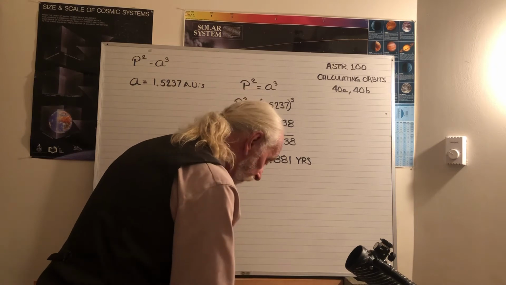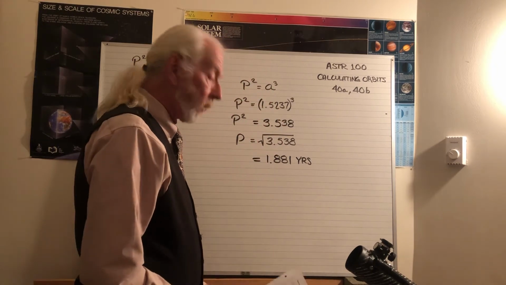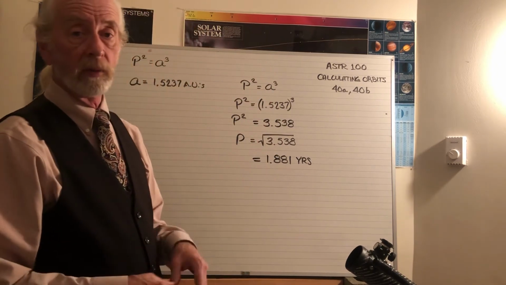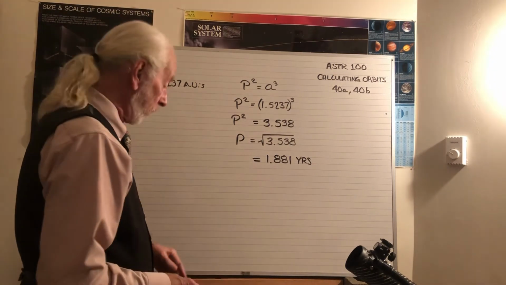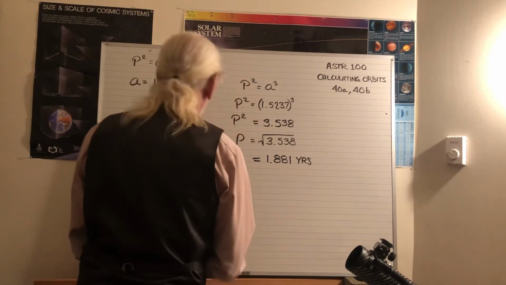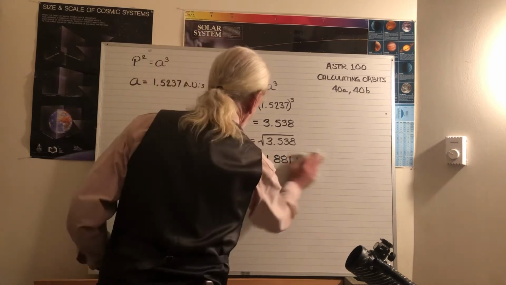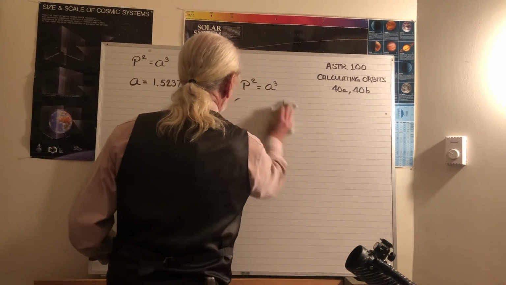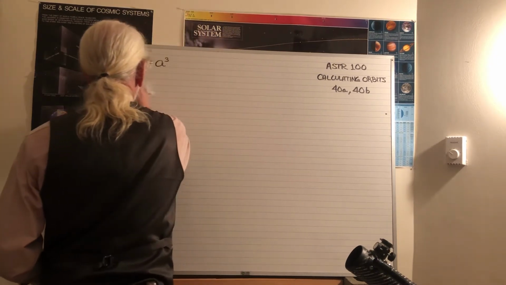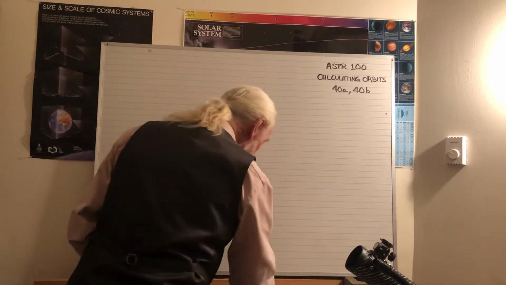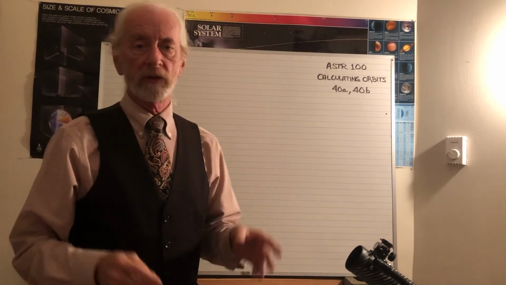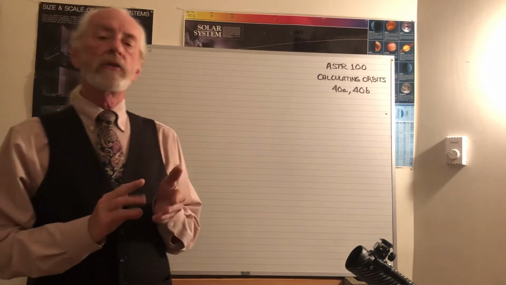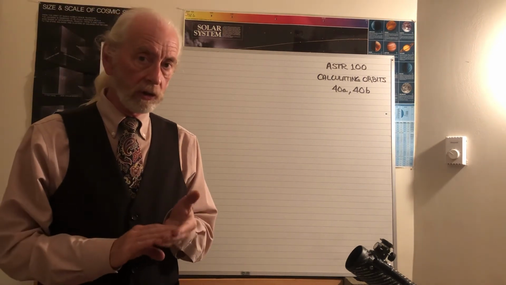Now we'll turn to page 40B, and now we're going to deal with Newton's version of Kepler's third law. Now, when you are dealing with Newton's formulas, the thing you must keep in mind is we now have to use standard units.